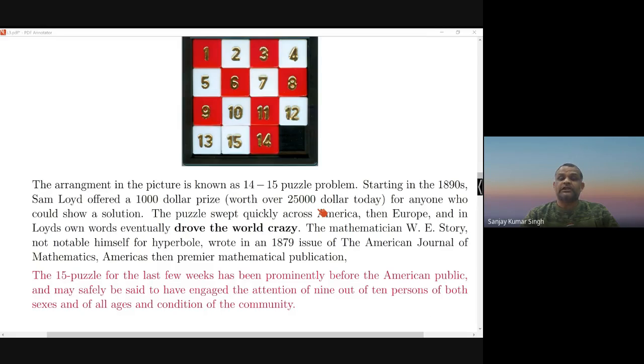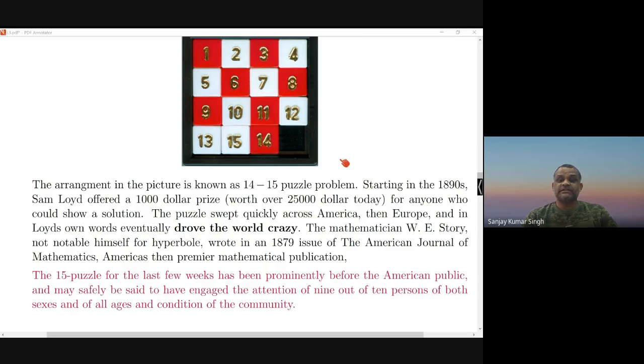Unfortunately, no one could solve that problem, because we will prove that this problem cannot be solved. Some mathematics is involved, and many mathematicians took interest in this problem and tried to find out the mathematics behind this game.